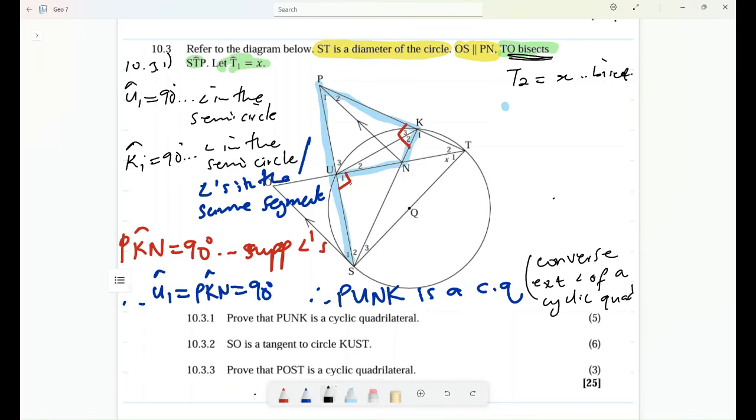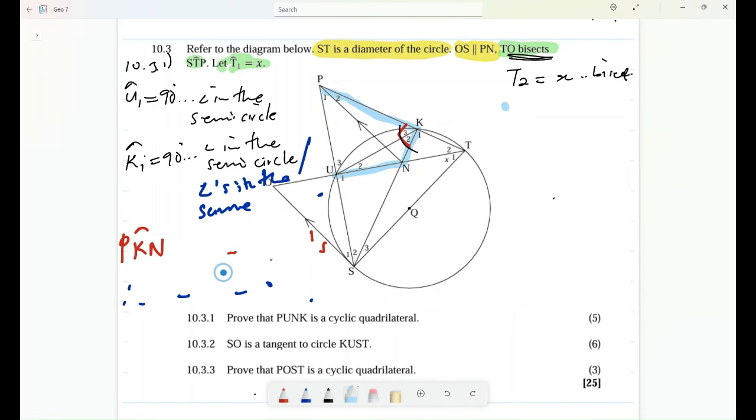Here I'm saying U1 is equal to PKN. Why? Because of the converse exterior angle of a cyclic quad. Yes, the reason is exterior angle of a cyclic quad, but in this case, remember we had to prove that it is a cyclic quad first, so hence we are including converse. I believe you are following. If you are not, please go back and watch the video again before continuing.